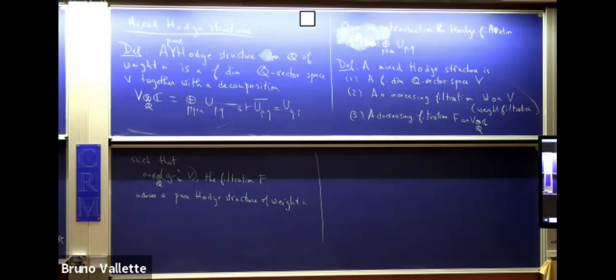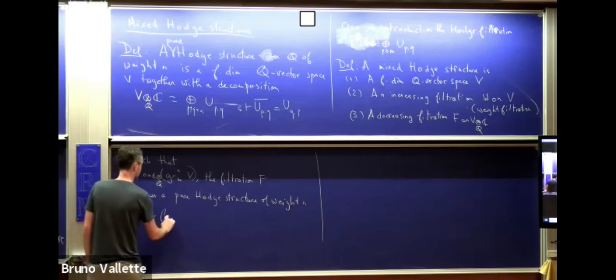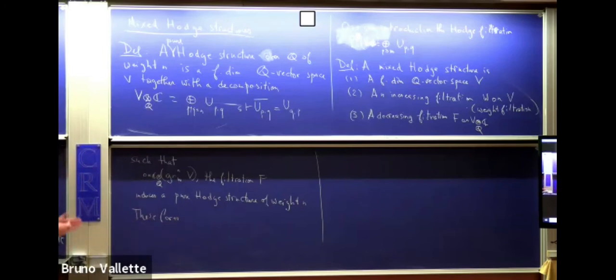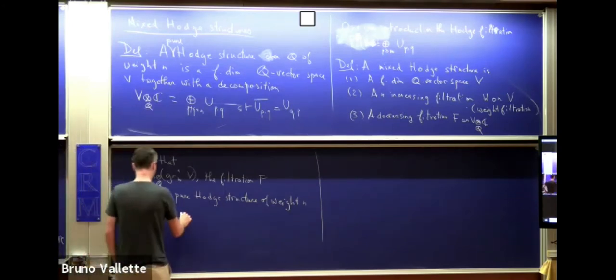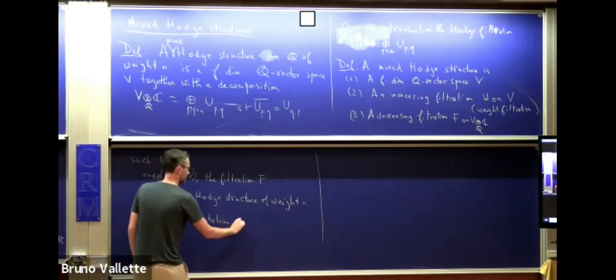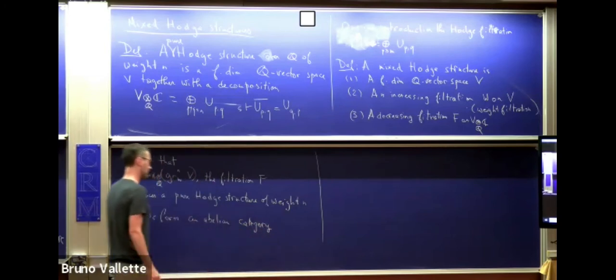Okay, so these objects form an abelian category. This is not completely obvious because if you just take, for instance, filtered vector spaces, this is not an abelian category, but this one is. And it has a tensor product, which is what you expect.